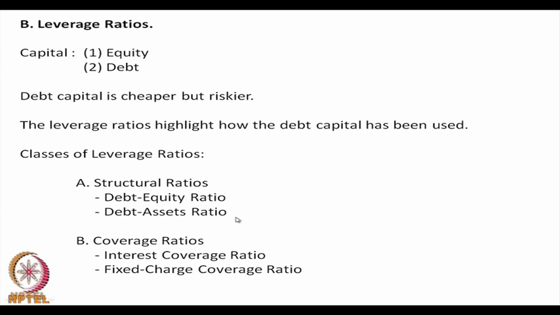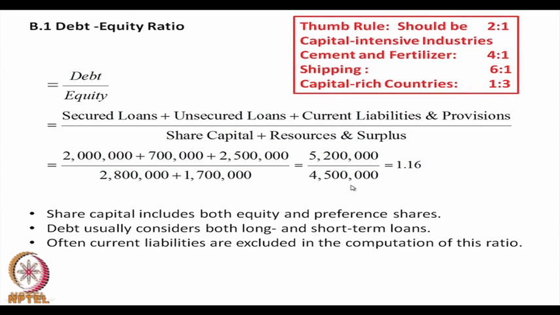Let us see what they mean. Debt equity ratio is your total amount of money that you have got, how much of it is financed by your own shareholders and how much of it is through debt. So, debt to equity is the debt equity ratio.